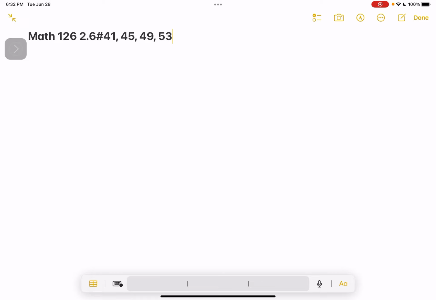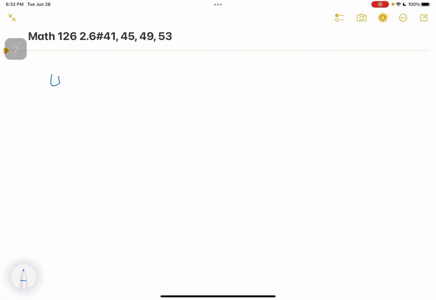But here we go. So I'm going to look at 41 here. And it says we have x squared plus y squared minus 4x plus 4y minus 8 equals 0. And the idea is you want to get the x terms together, the y terms together, and move that constant over.